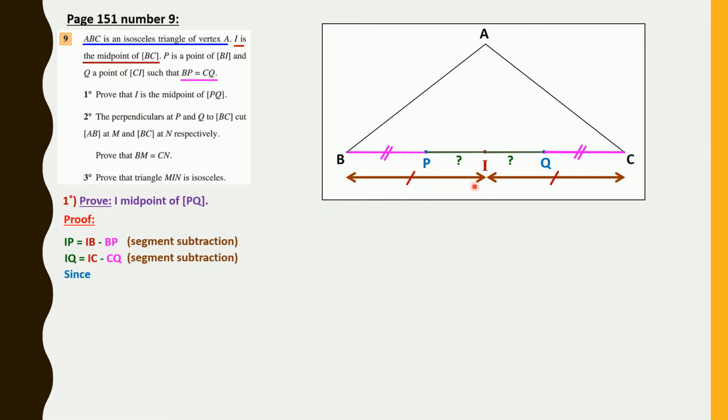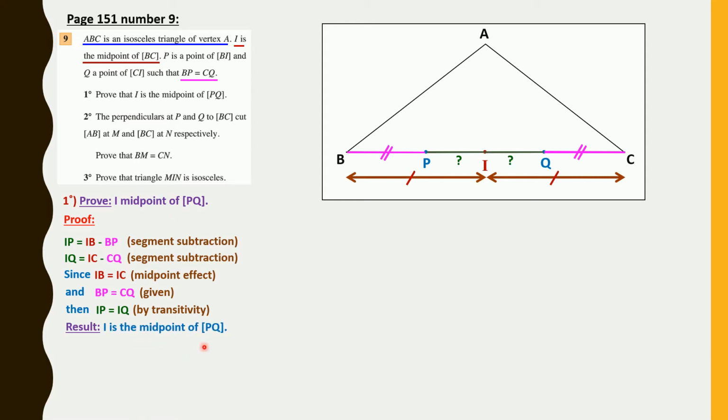Since IB equals IC, midpoint effect, and BP equals CQ, it's given, then IP equals IQ, because they are equal to the same quantity. Then IP equals IQ by transitivity, and as a result, I is the midpoint of segment PQ.